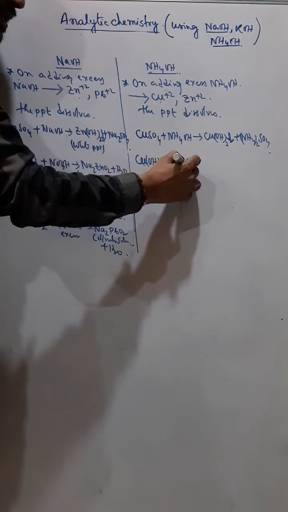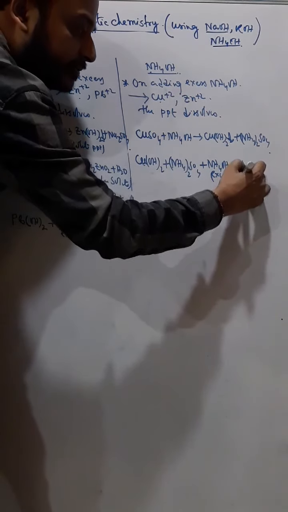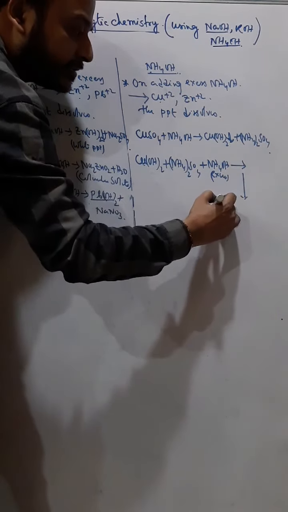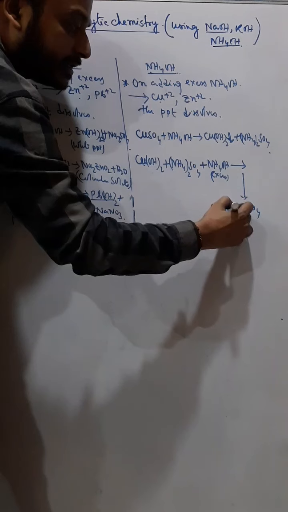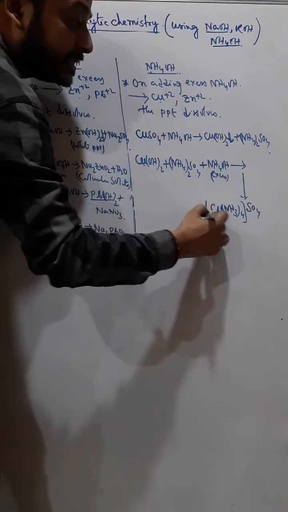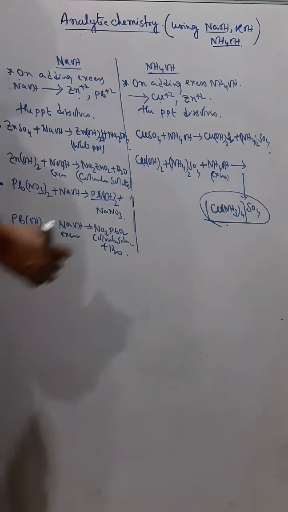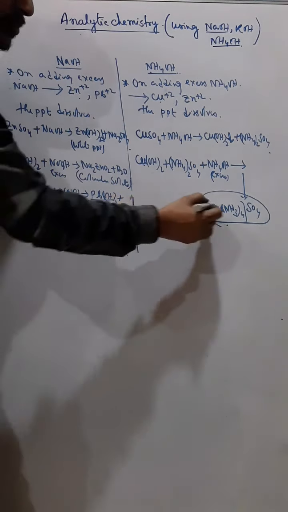Cu(OH)2 plus (NH4)2SO4, and then excess NH4OH, and what do you get? You get tetramine copper 2 sulfate. Copper sulfate you write, then tetramine NH3, and then 4, and this is a deep blue solution, as you know, deep blue or azure blue solution.